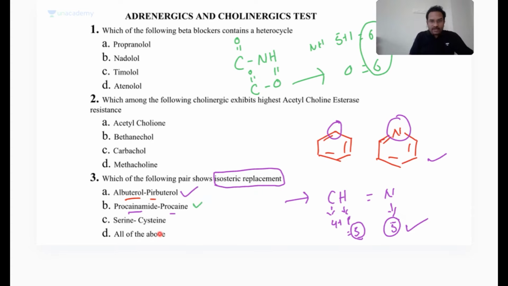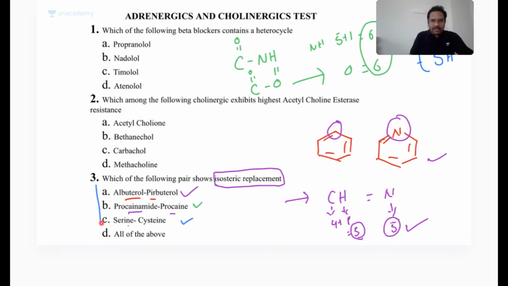Now we have amino acids serine and cysteine. The difference is serine is a hydroxy derivative, cysteine is a mercapto derivative. Oxygen, sulfur, both of them belong to the same group, 6. So this is isosteric replacement. So again, this is also an example of isosteric replacement.